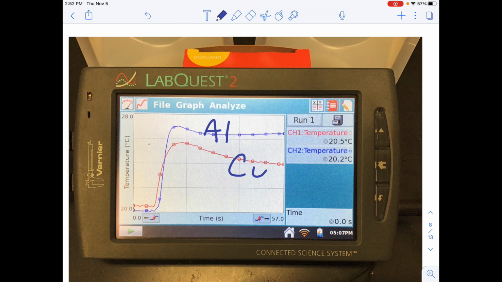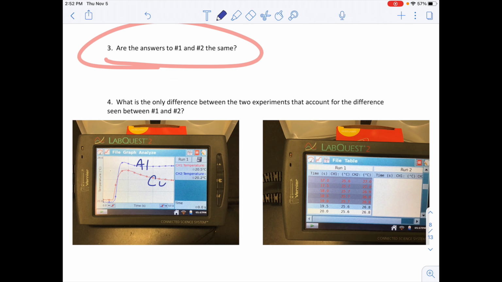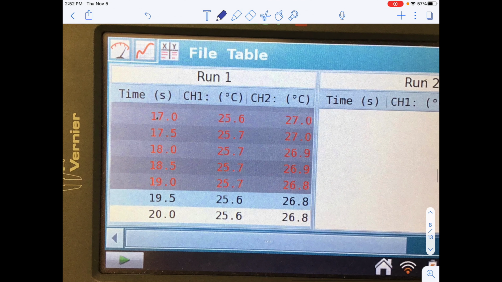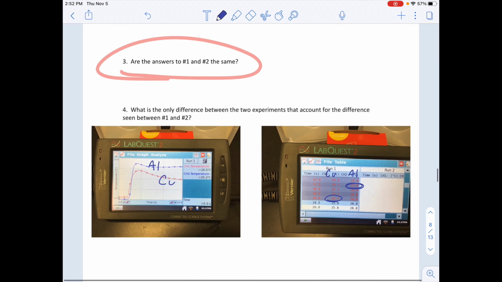Aluminum made the water have a much higher temperature. Aluminum got all the way up to 27, copper only got to 25.7. So then we're going to see what that means.